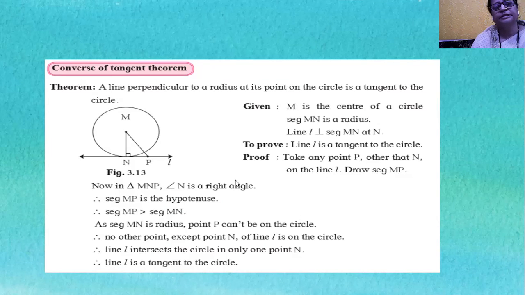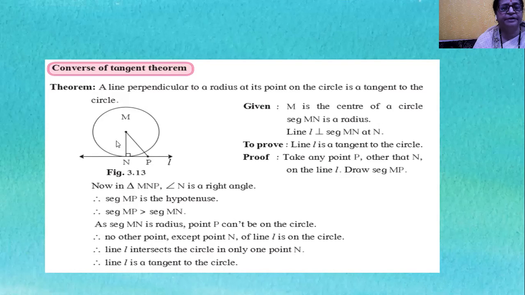Next, the converse of the tangent theorem. A line perpendicular to the radius at a point on the circle is a tangent to the circle. Here, see M is the center, segment MN is a radius, and line L is perpendicular to MN.